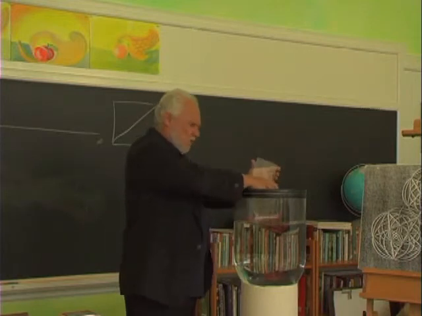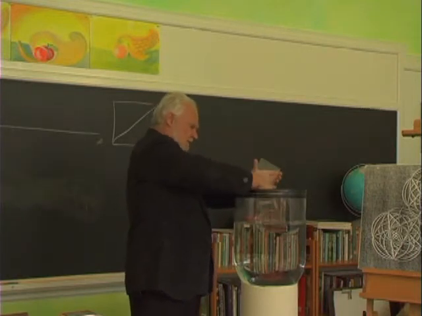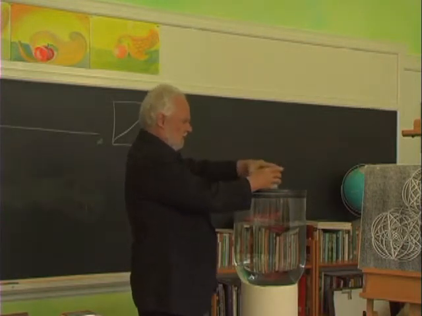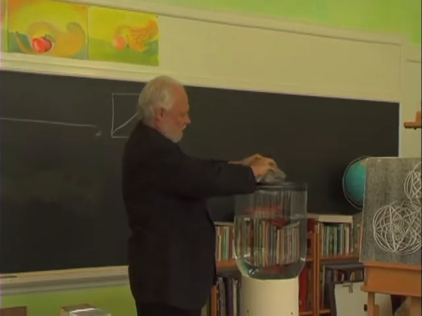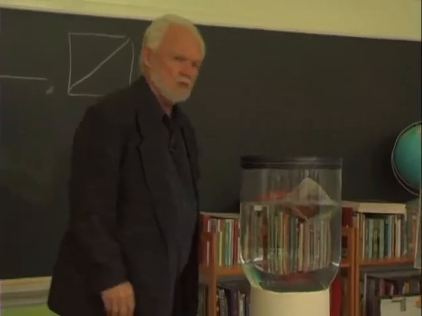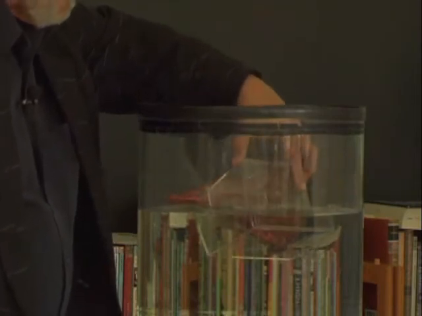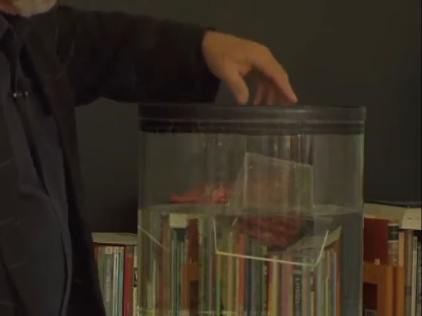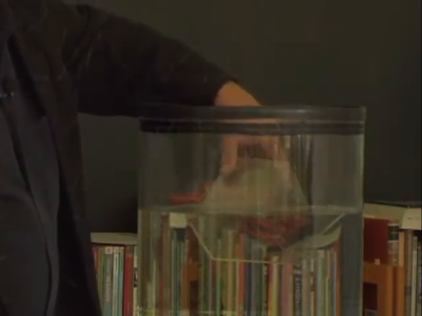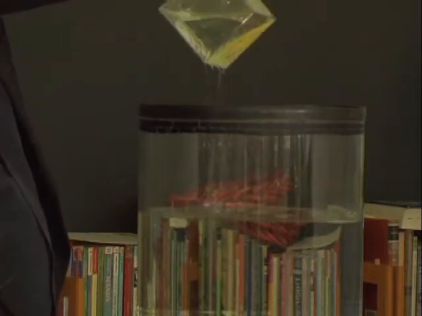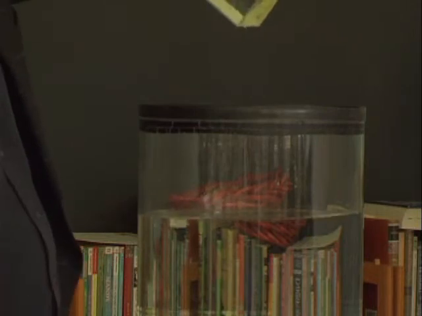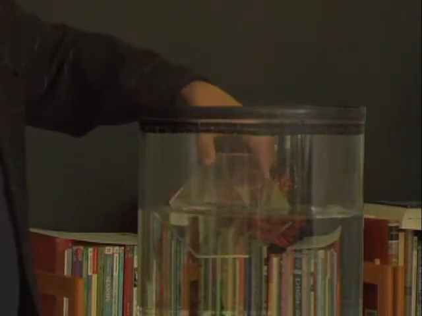If I fill it halfway, it floats at root 2. That is root 2. And you see that from where you are? If I take it out, there's the water at root 2. And it floats at root 2.